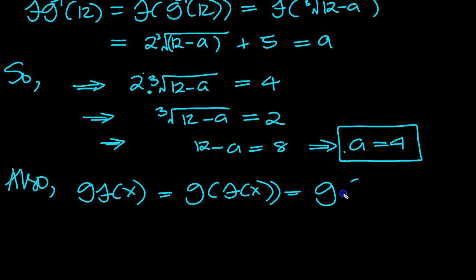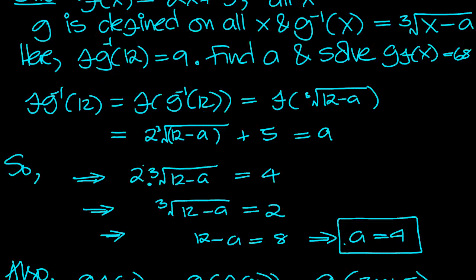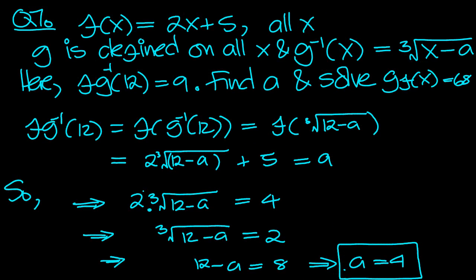It's g of (2x + 5). Now we know g⁻¹, and from g⁻¹ we should be able to get g, so I'm going to work on this to get g.